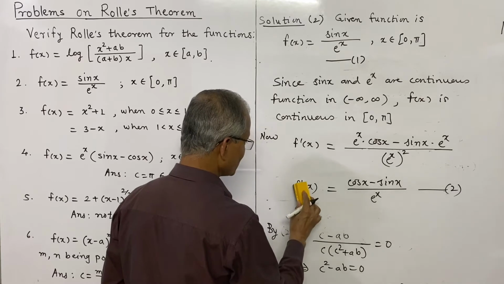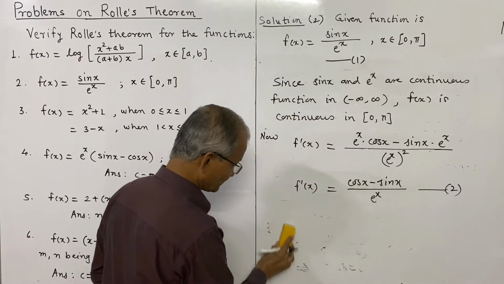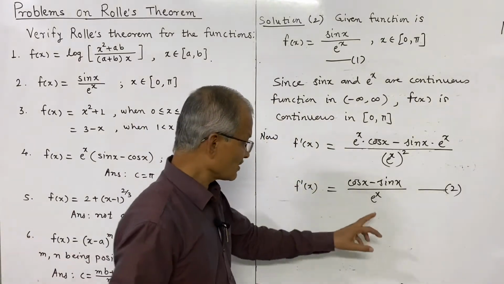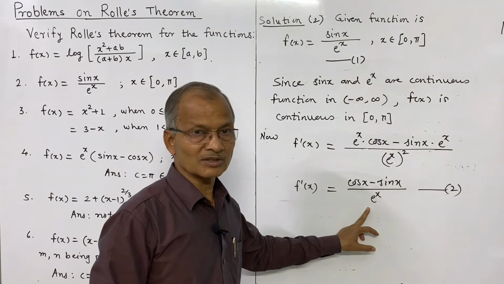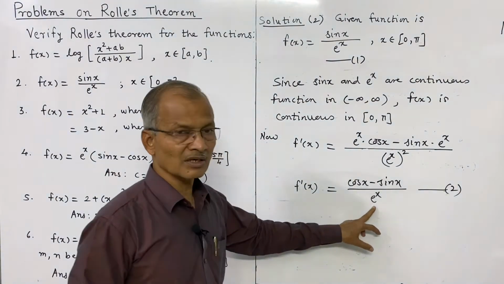And now you see whether it exists in the open interval 0 to pi or not. Yes, it exists, because the quantity would not exist if the denominator becomes 0, and this exponential function is never 0.